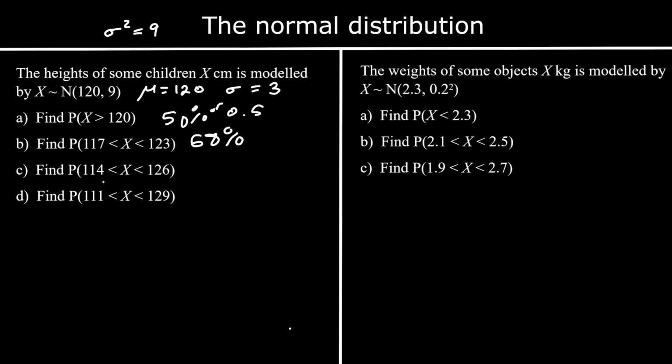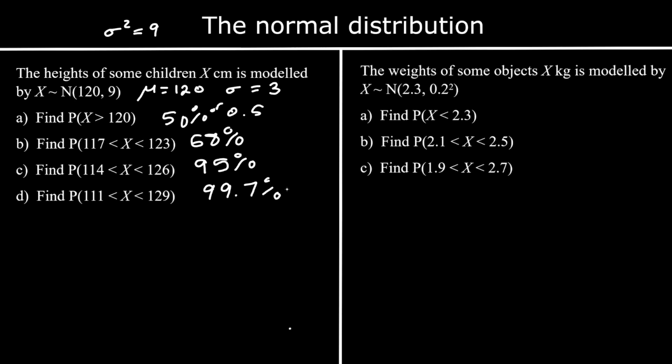Between 114 and 126, that's within two standard deviations. Within two standard deviations, we've got 95% of the data. And 111 and 129, that's within three standard deviations. So 3, 3, so 9 on each side of the mean. And that's 99.7% of the data.